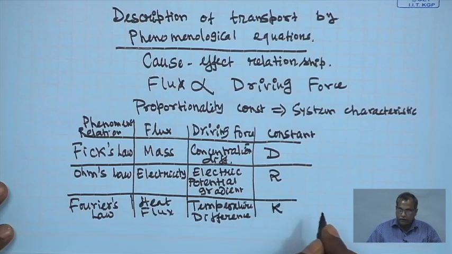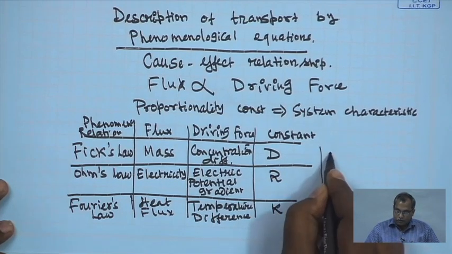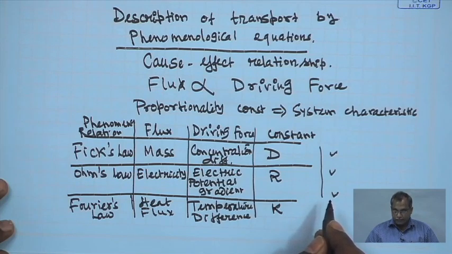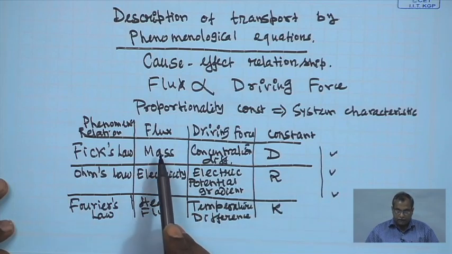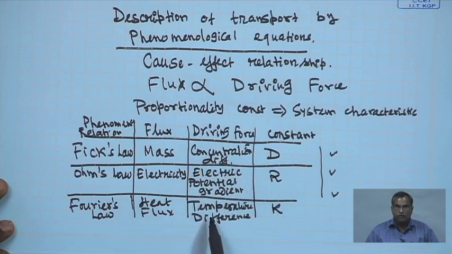And thermal conductivity is the proportionality constant. So, these well known three examples are examples of phenomenological equations or relationships, of how a phenomenon is related to the driving force. So, the driving force is the cause, and the flux is the effect or the result.